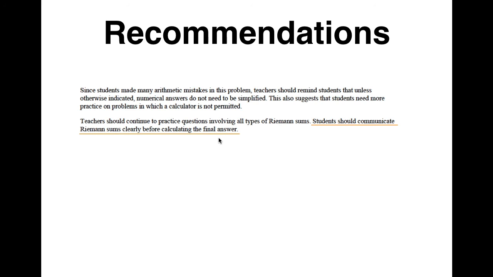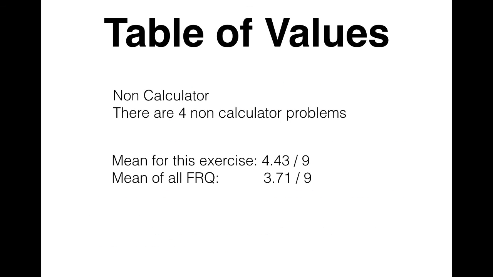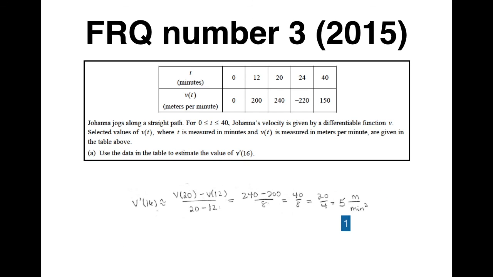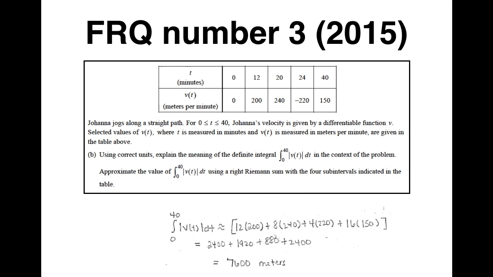You have to spell out everything that you do, so the area for each rectangle. I'll just go back so that we can see what I'm talking about. So here you have to show the work. This line is necessary.